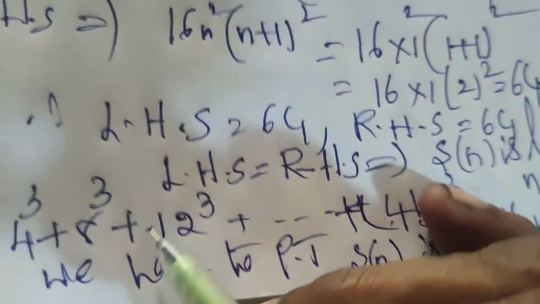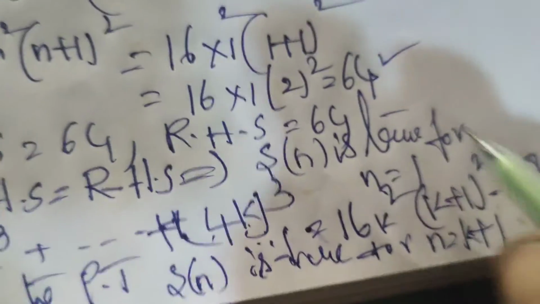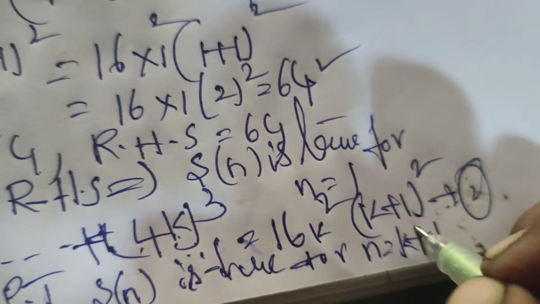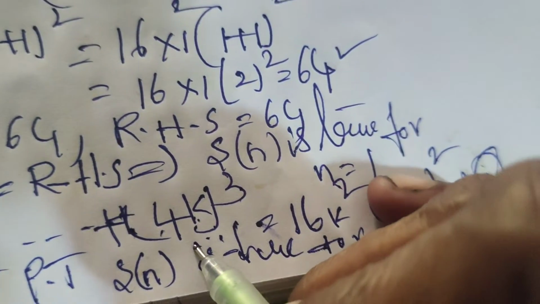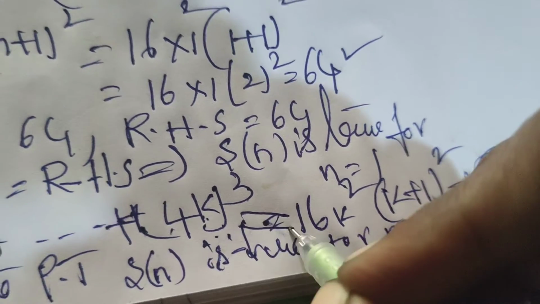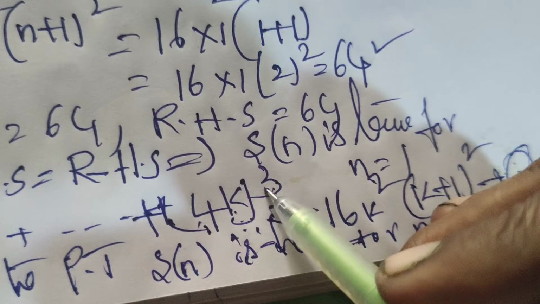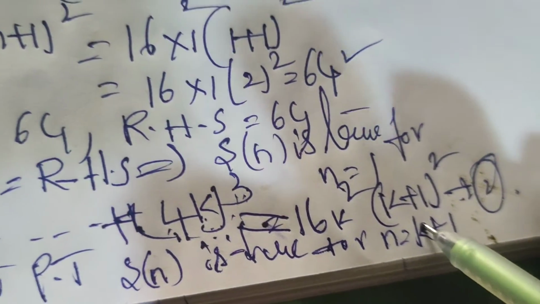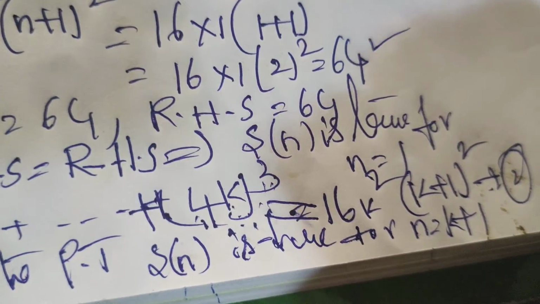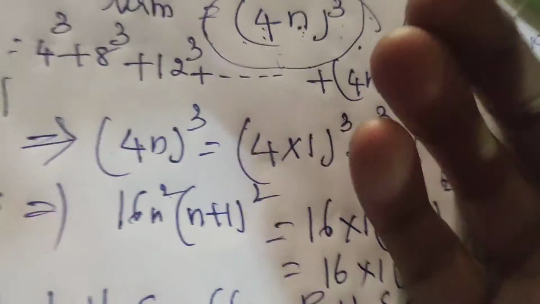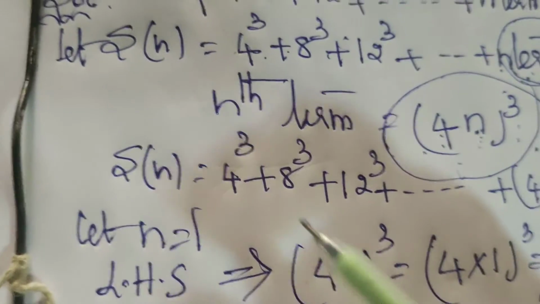Adding to the series of kth term, on both LHS and RHS, the term 4 cube into k plus 1 whole cube. Adding to LHS and RHS and solving, we will get that the given statement is true for S of k plus 1.